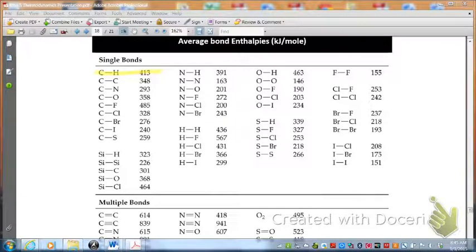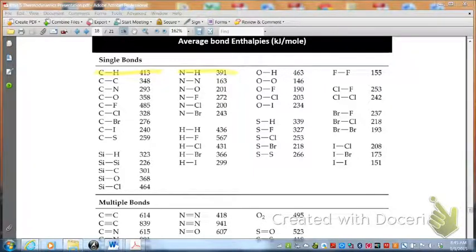You can see with a nitrogen-hydrogen single bond, it requires 391 kilojoules of energy. So anyway, this is a nice table that lists the bond enthalpies, or the amount of energy required to break these chemical bonds.